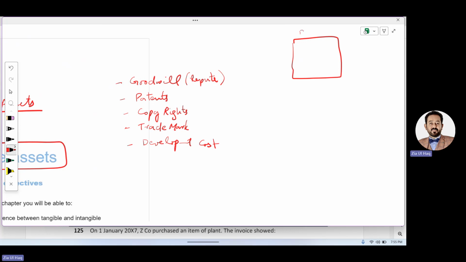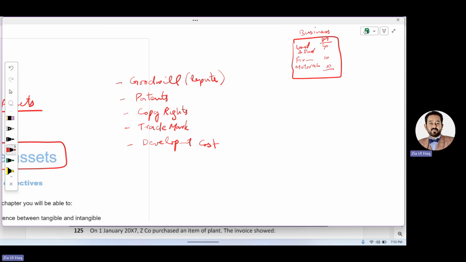In this business, I have some assets, like land and building of say 40 million, furniture of say 10 million, and a motor vehicle for students, say 10 million.